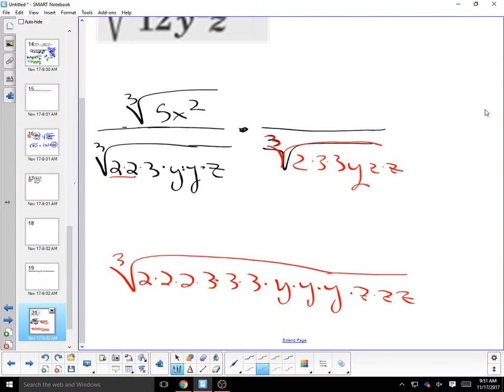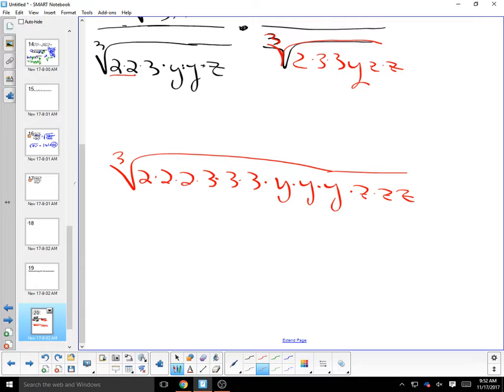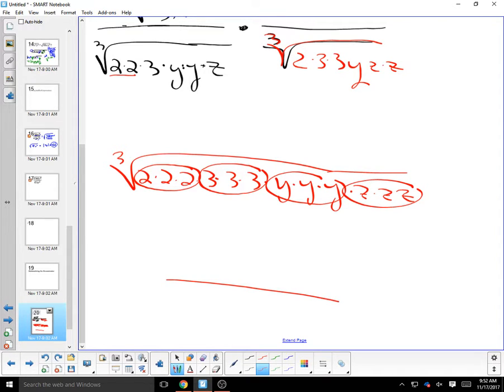Correct? Remember, we did that on purpose because every set of 3 would give me something on the outside, right? So the 2 gets to come out, the 3 gets to come out. What's 2 times 3? 6. The y gets to come out, the z gets to come out. So there's my new denominator.